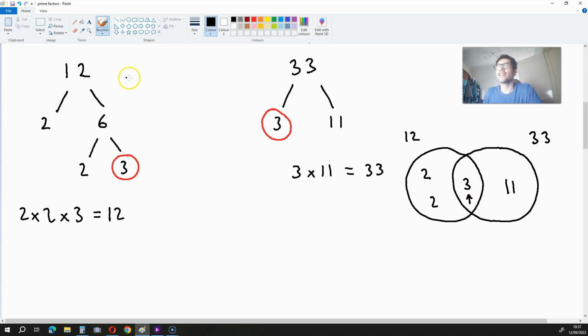Now let's get the least common multiple of 12 and 33. We do this by multiplying everything inside these circles. So the answer should be 2 times 2 times 3 times 11.